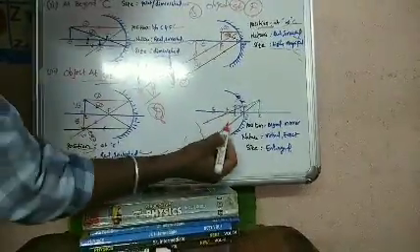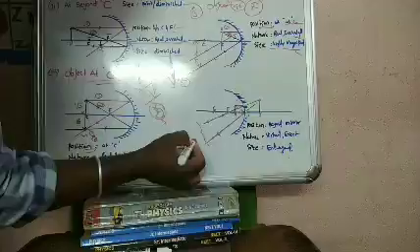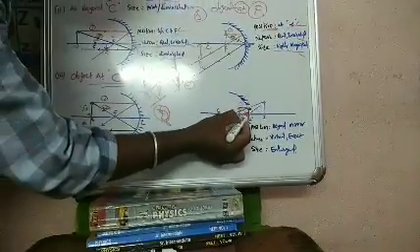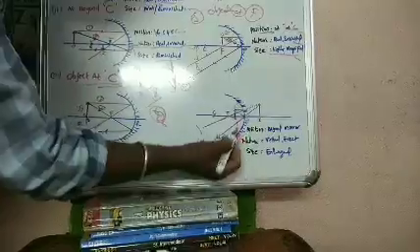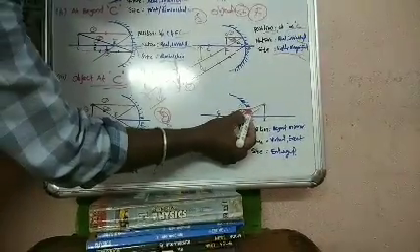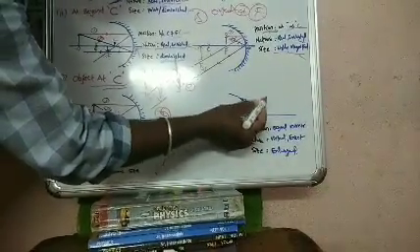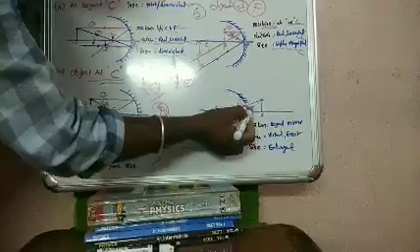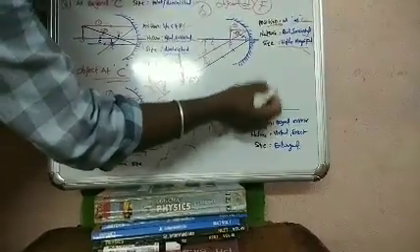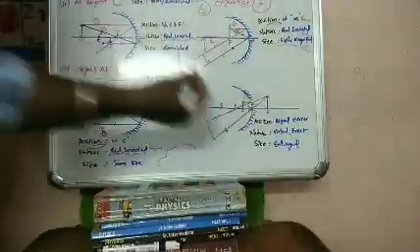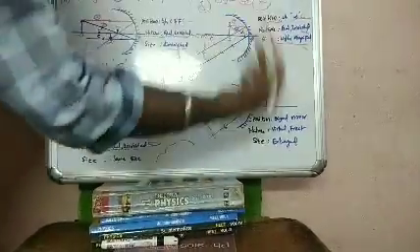So we assume the rays are coming from behind the mirror. If we extend these reflected rays behind the mirror, the image is assumed to come from behind the mirror.